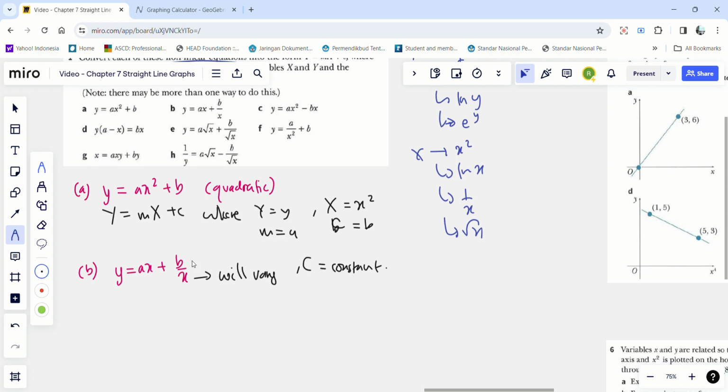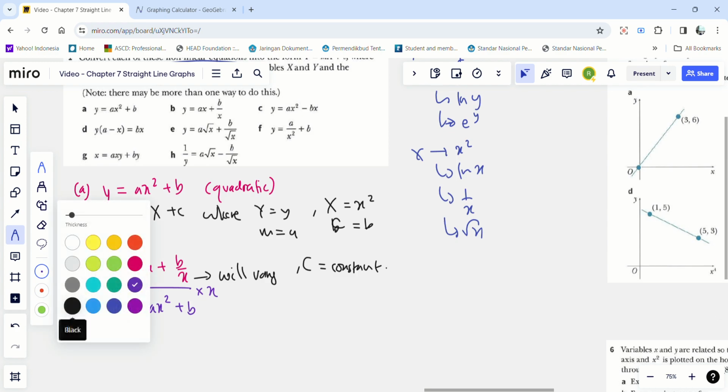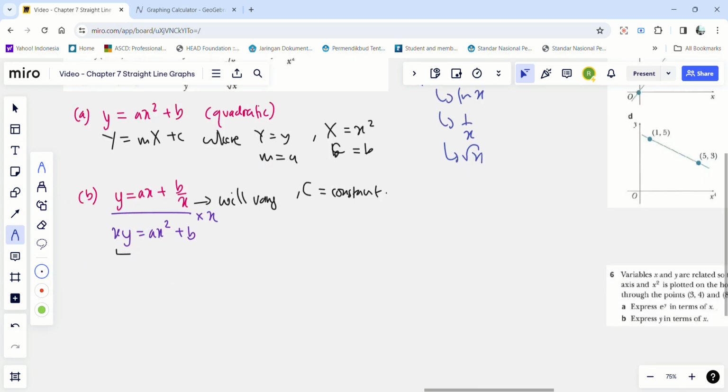So what we need to do is omit the x first, so that we have no variation in the value of the c. We omit the x by multiplying with x. So we have xy equals ax squared plus b. Then only can we say that this is the capital Y, the a is the m, the x squared is the capital X, and the b is the c.